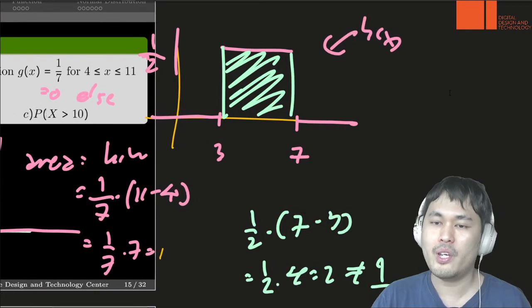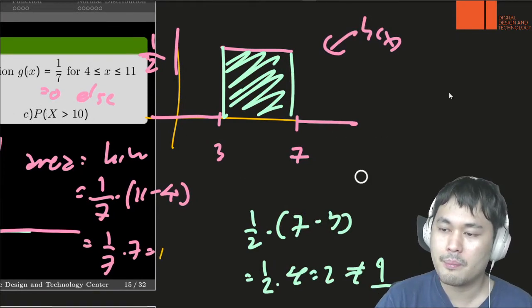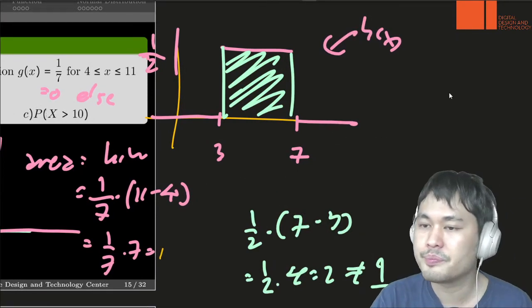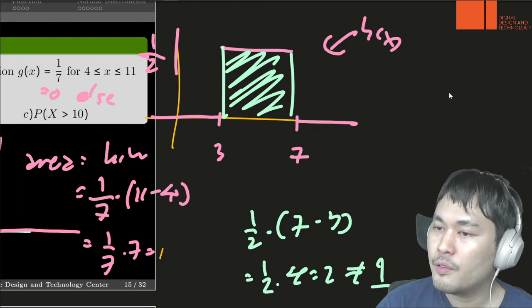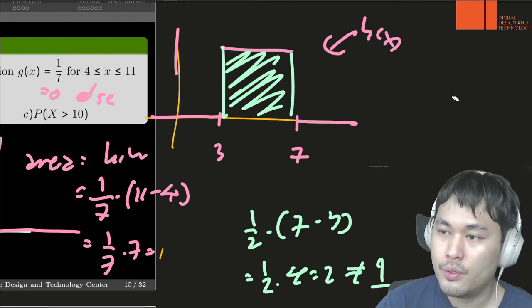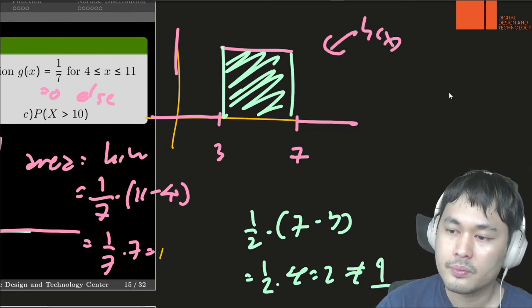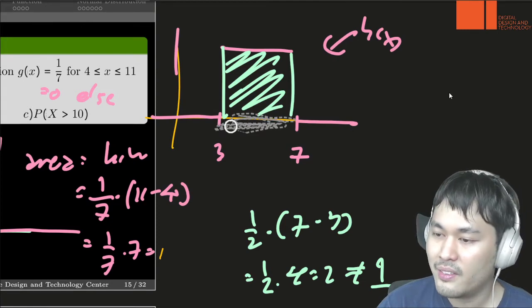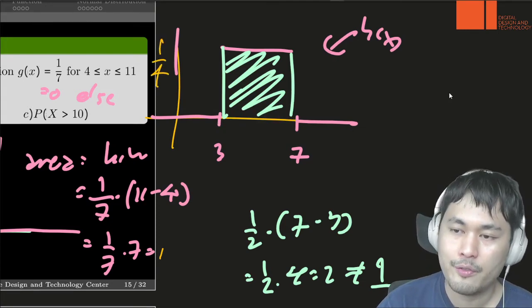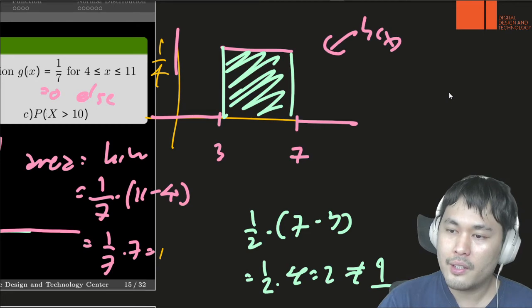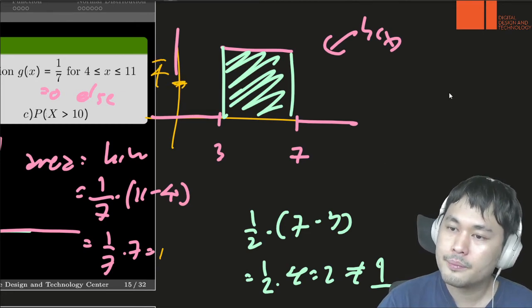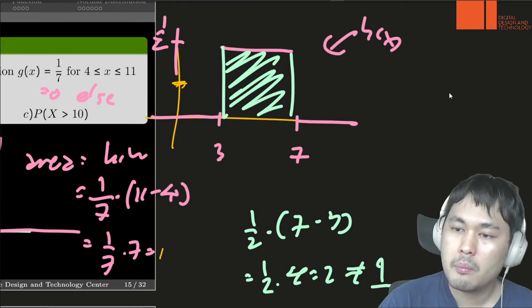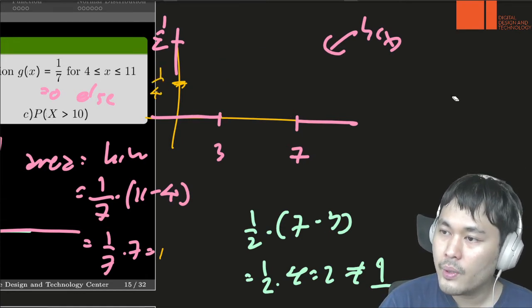But if you actually want something that has some chance between 3 and 7, the way to fix this is to change that from 1/2 to whatever that length calls for, so it's supposed to be 1/4. So you lower the bar from 1/2. If it's 1/2, it's not a probability distribution function, but if it's 1/4, then we get a new graph.